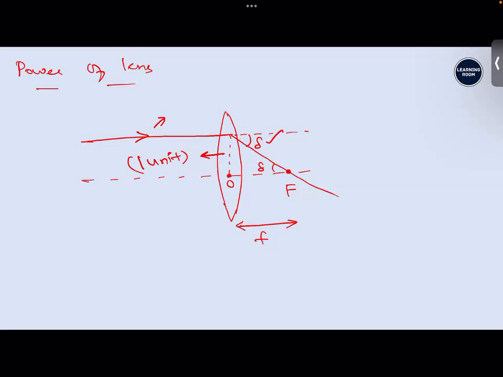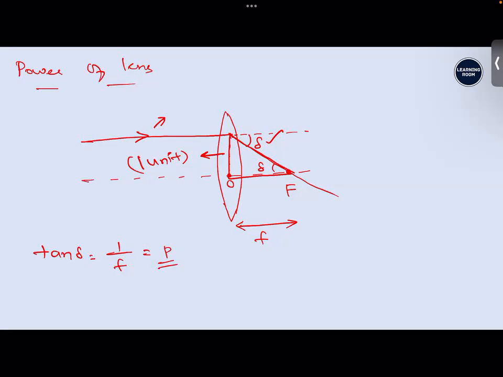Then tan delta is equal to how much? Can I write tan delta is equal to 1 by f from this triangle? Then this tan delta is what is called the power of lens.